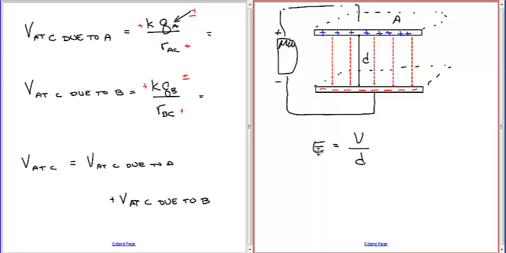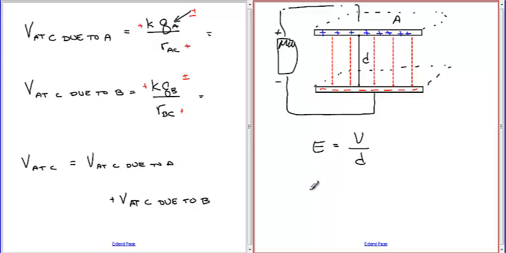We talked about in class that the electric field is stronger if these charges are closer to each other. So the smaller this distance for a given voltage should give you a stronger electric field. So that makes sense. Yeah, let's just prove that's true.